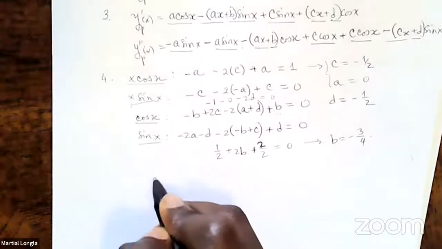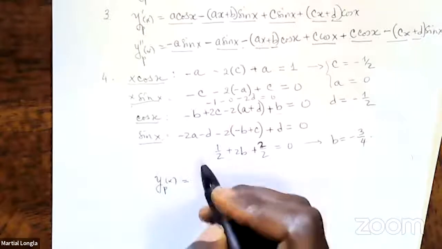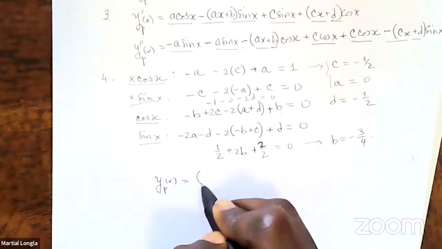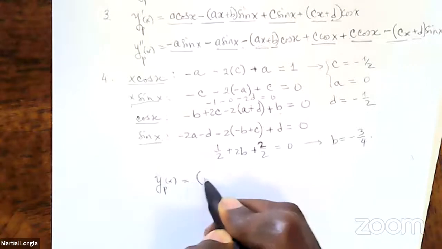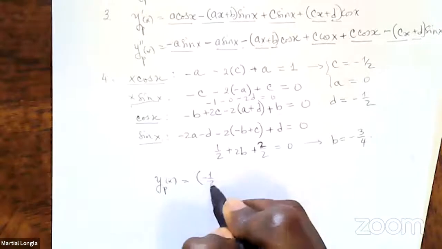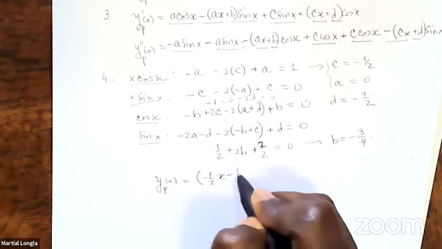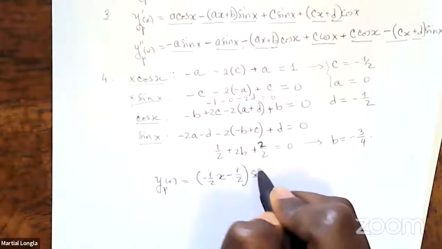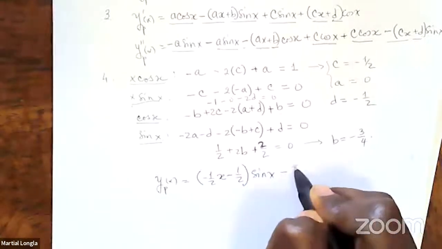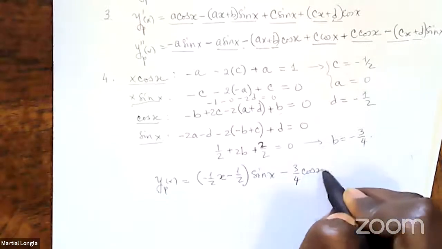That's it. And now you can write down what is yp of x. And that's ax plus b. A is 0. B is minus 3/4. And then c is minus 1/2, d is minus 1/2. So that's minus 1/2 x cosine... that's x sine x minus 3/4 cosine x.